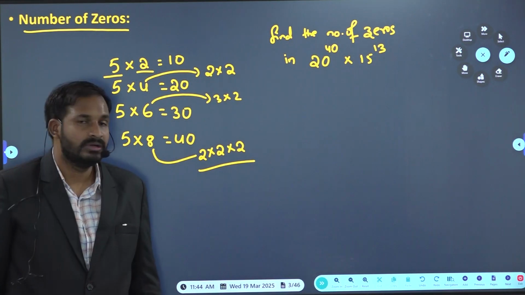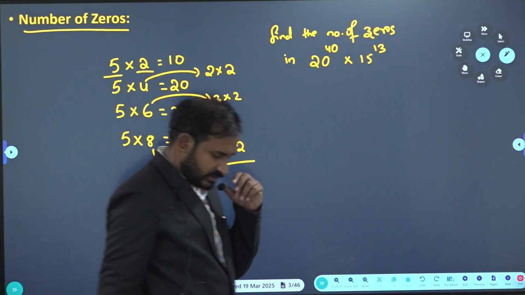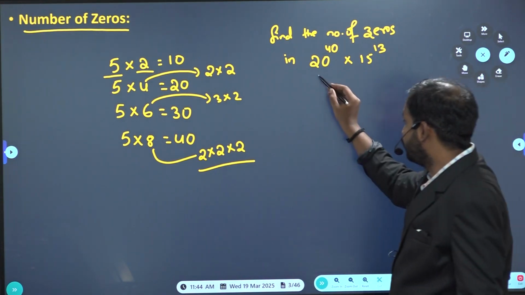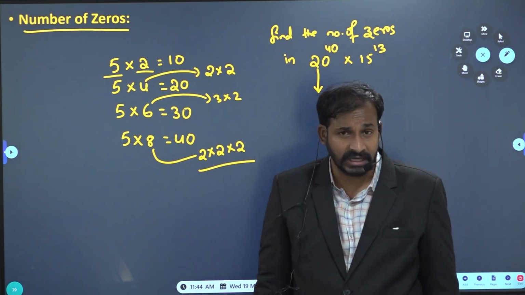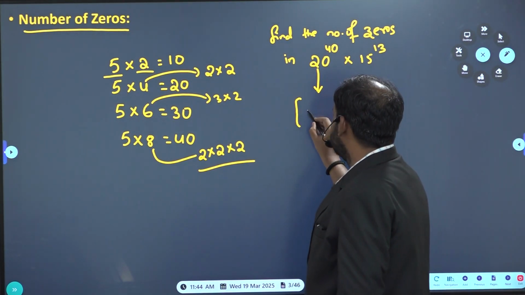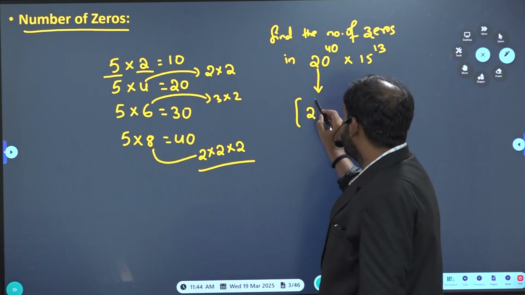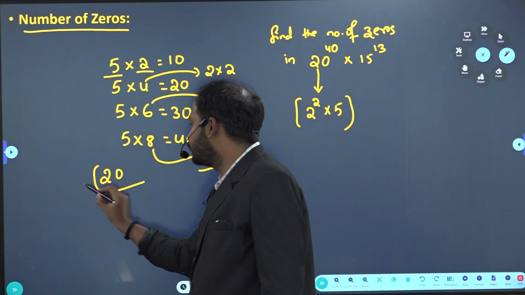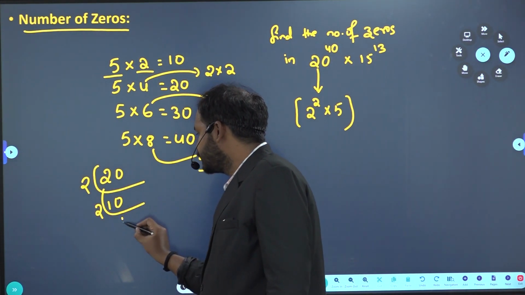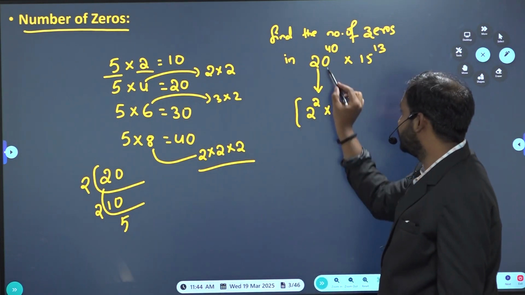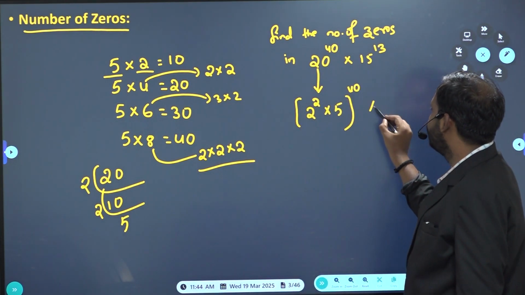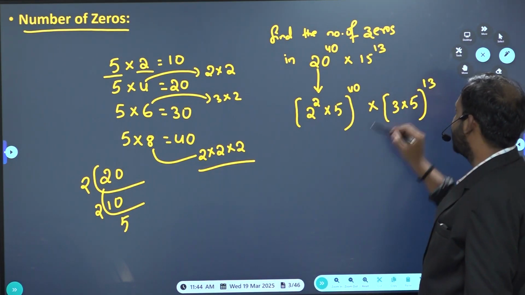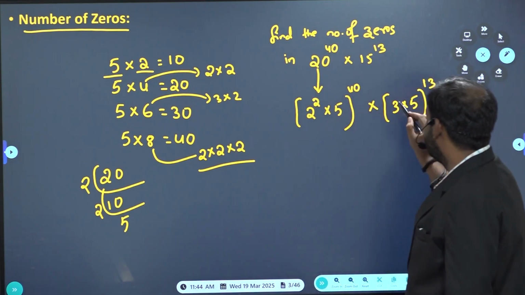Before solving this problem, we already know prime factorization, so we will apply the same concept here. 20, if you observe carefully, is 2 square into 5, right? 2 twos, 1 five. So 2 square into 5. Into 15, by prime factorization, I can write 15 as 3 into 5.